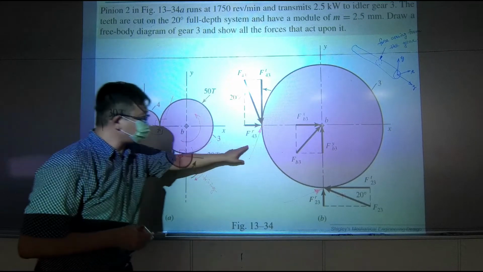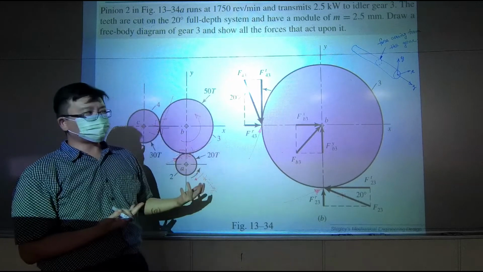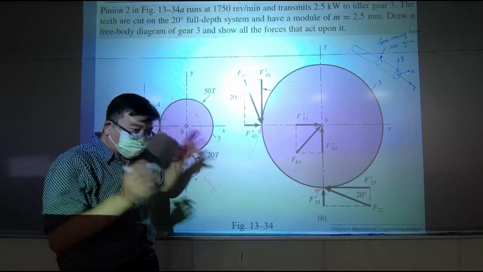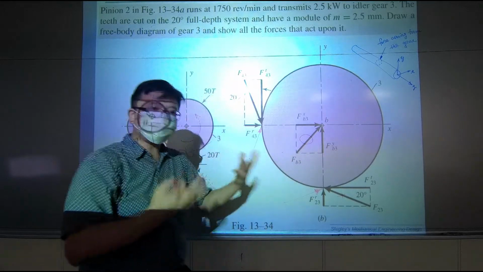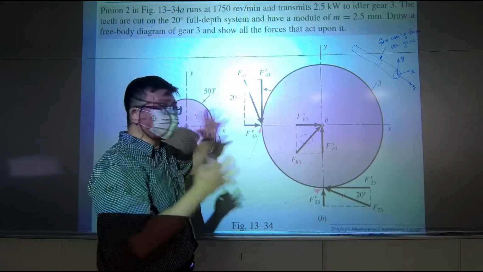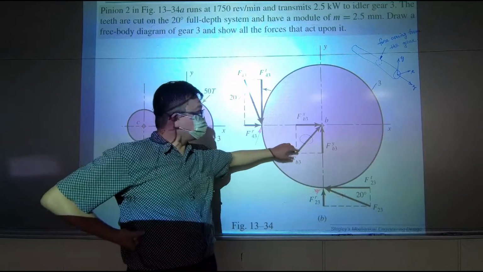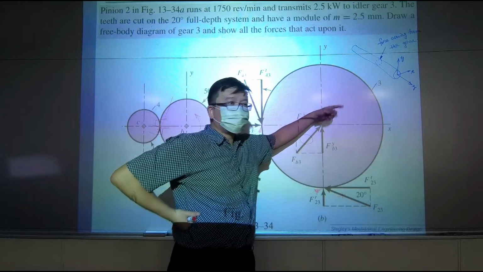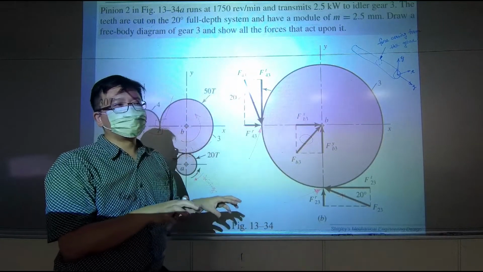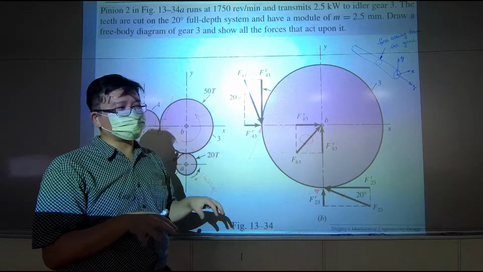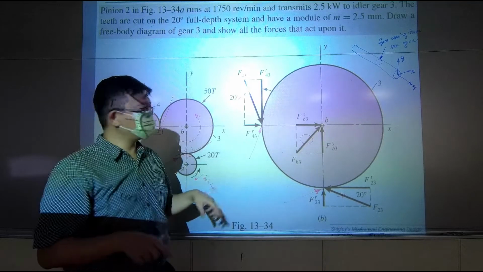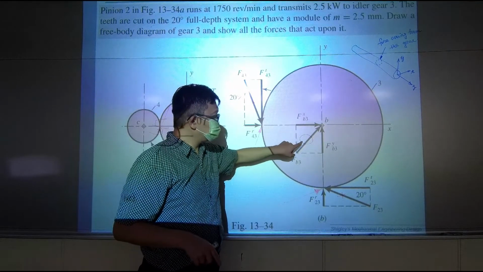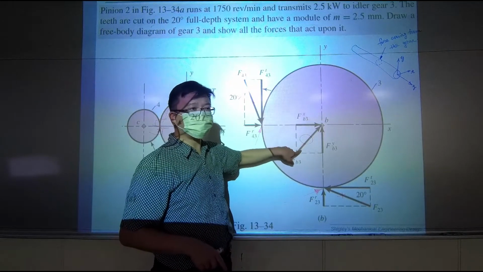And if we have different directions of reaction forces, external forces, then the reaction forces will change their direction. But in calculation, you don't need to swap the direction, because the solution process of the equations will give you negative values at the end.